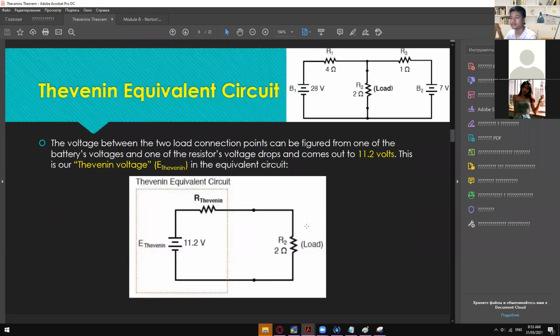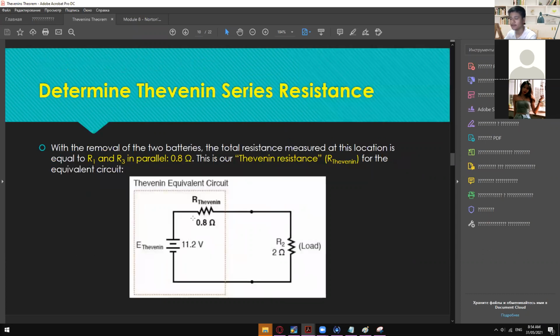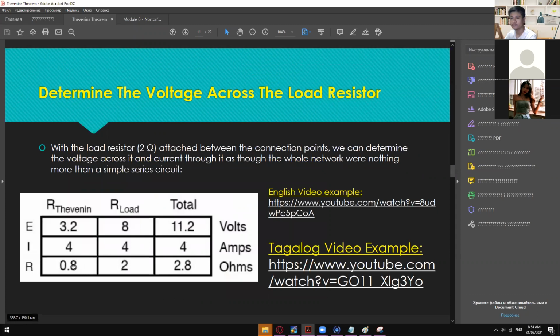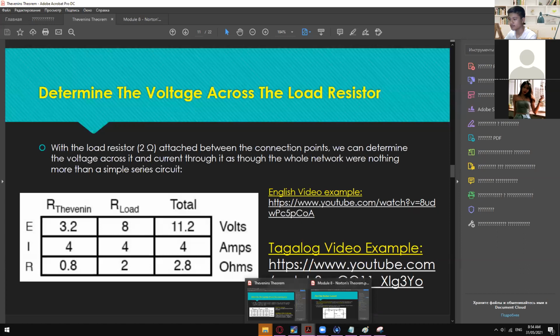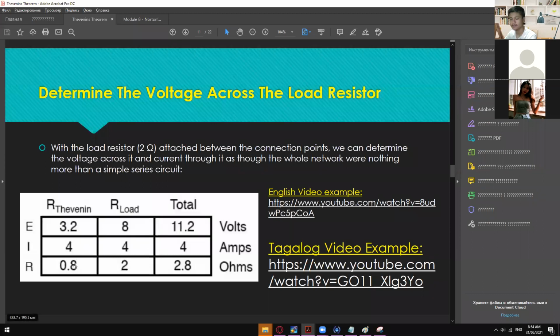Then for the final Thevenin equivalent circuit, you can now solve for the R total, which is 2.8. And for the I total, which is 4 amps, and their individual resistances, 0.8 and 2, combining those two will give us 2.8 total resistance.